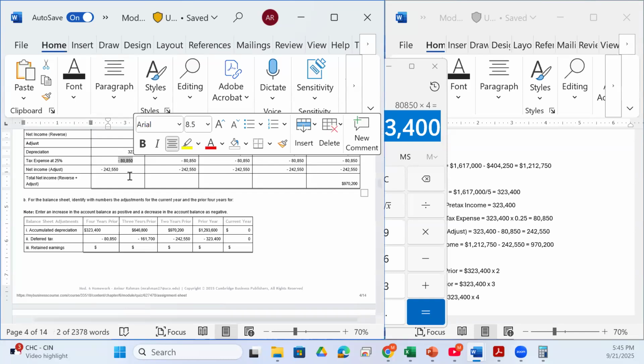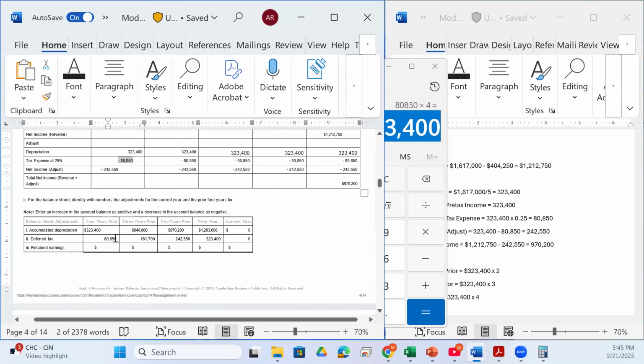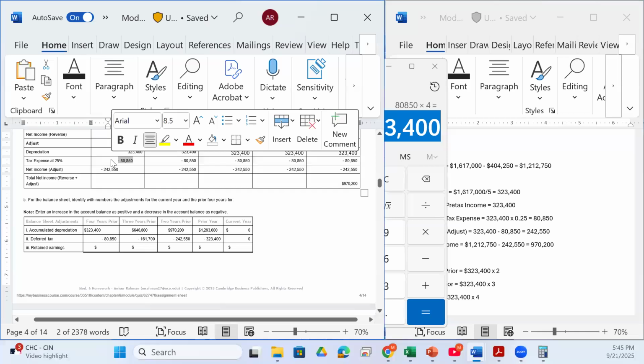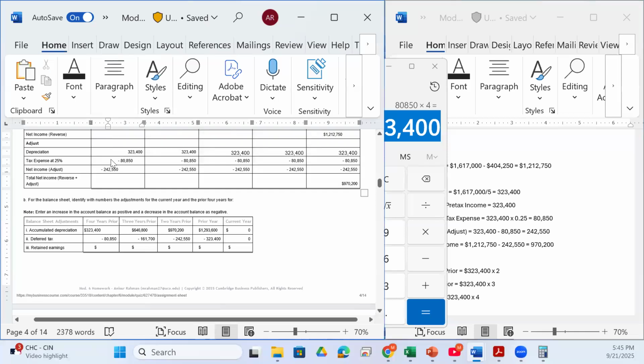right? So what that basically means, our tax liability. So I misspoke because we are increasing depreciation and decreasing tax expenses. So that basically means we paid more taxes than we should have paid, right?